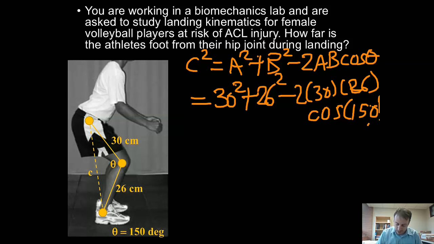And if we do that and plug in all our numbers here, we can show that the length between the hip joint and the foot during landing is 54.1 centimeters.